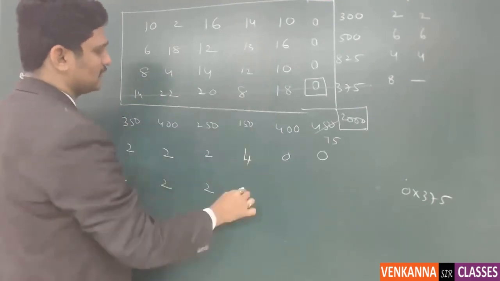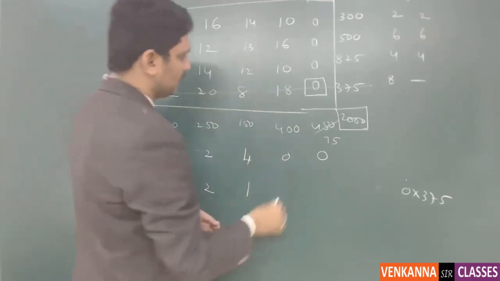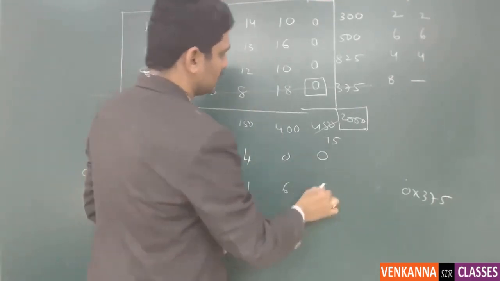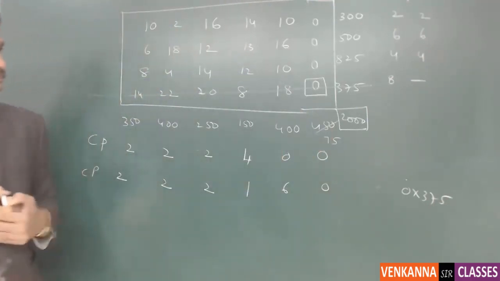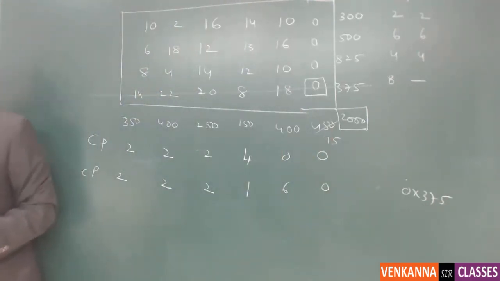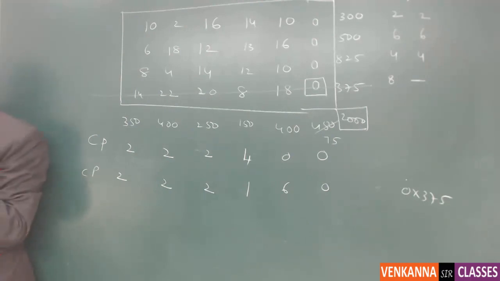So here the difference is 1. Here the difference is 6. Here the difference is 0. Accepted to all? Any questions in calculating the penalties for the second iteration? You please check on it and give me your suggestion.